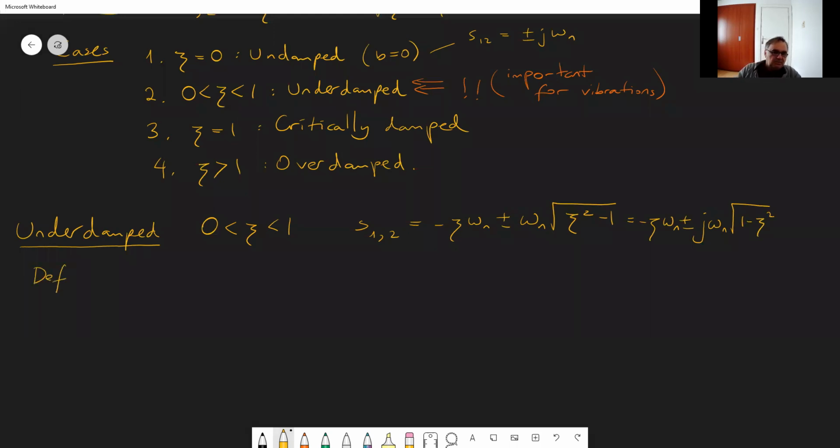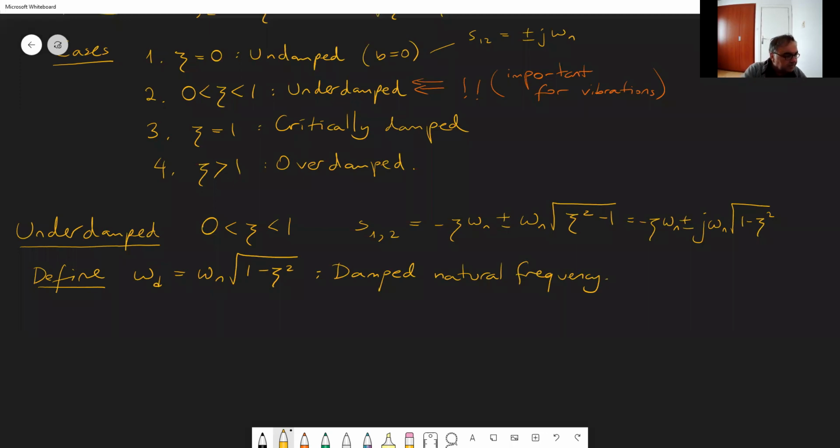Now we can define one more thing, omega d, the damped natural frequency, as omega n root 1 minus zeta squared. This is the frequency of the damped oscillations. Again, this is in radians per second.